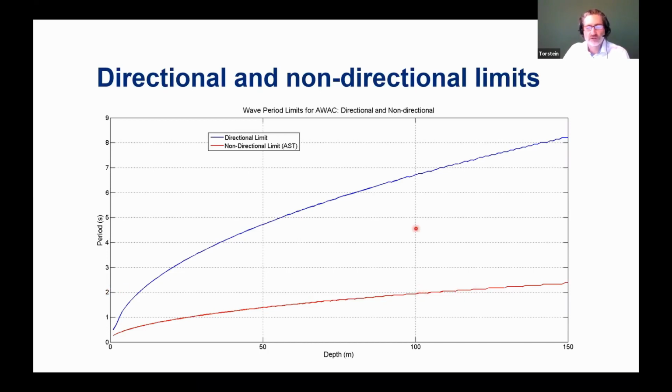However, if you looked at the directional processing, you're really going to be limited to waves that are about 6.5 to 7 seconds long, and they have to be either that or longer to be able to estimate what the directions are. So you can see that really, if you want to get some meaningful coverage over the full wave band, you probably should shoot down towards about 50 meters or so.